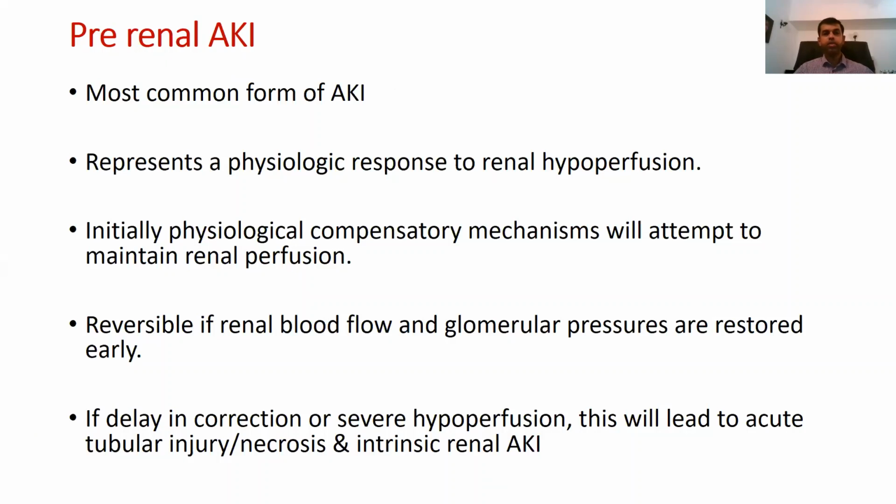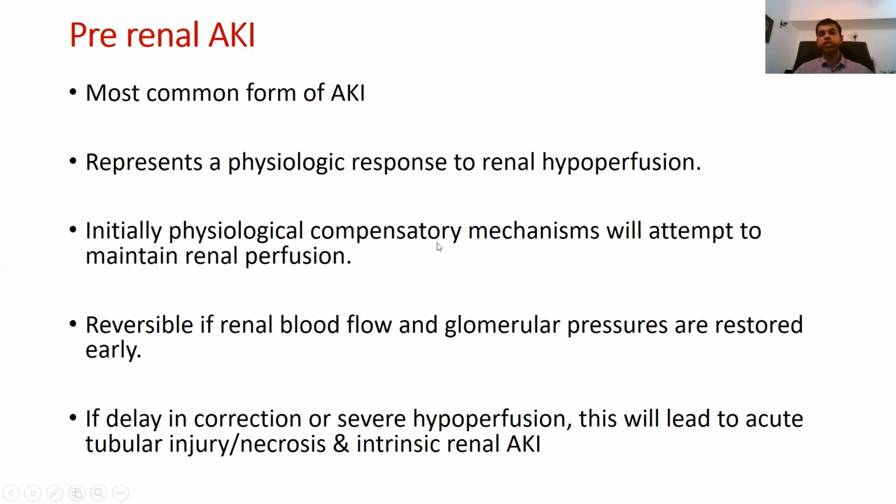Here, the problem is not in the kidney, it's in a place prior to the kidney. This is where the physiological mechanisms that I discussed come into the picture, where, in conditions causing pre-renal AKI, physiological mechanisms get activated, and as a compensatory mechanism, you end up with oliguria.